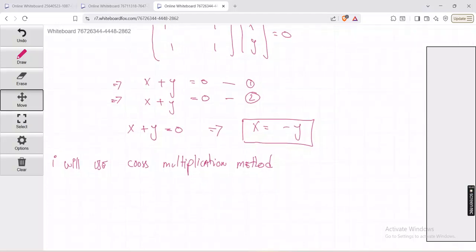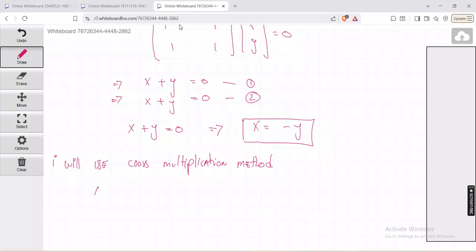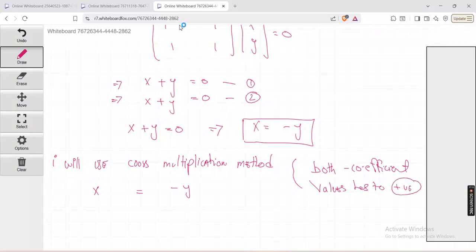For example, now this is my equation, which is x is equal to minus y. Keep in mind that both coefficient values have to be positive. I have one negative here. So what do I need to do? I need to divide it by minus 1.